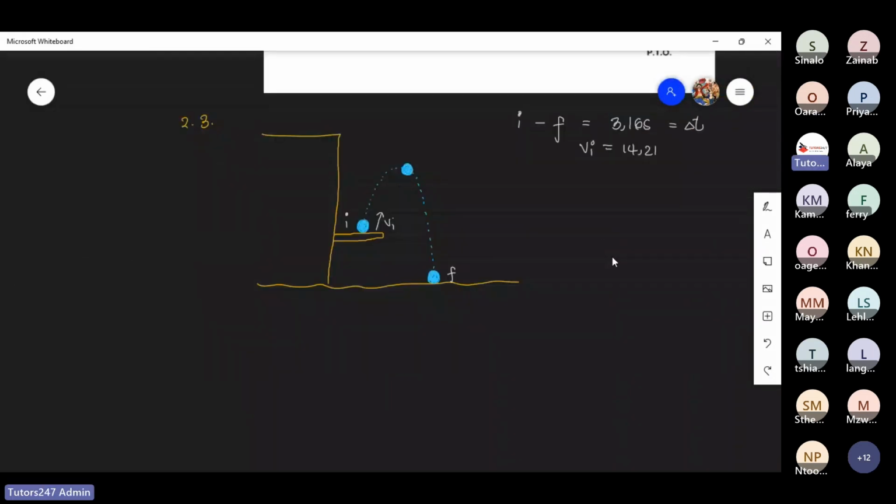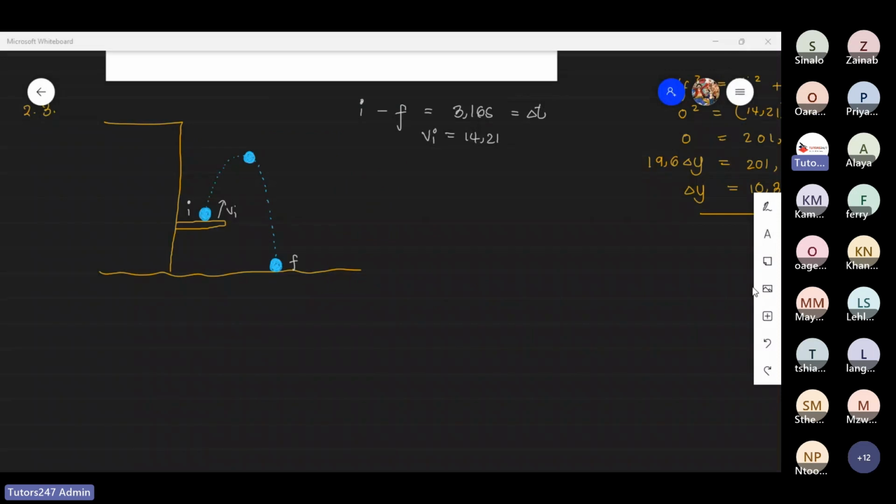So we know the velocity with which it rebounds, or the initial velocity. Next, we have acceleration, which is negative 9.8. And we have time, which is 3.16. So let us identify which formula we are now going to use in order to calculate displacement, which will be the height above the balcony.